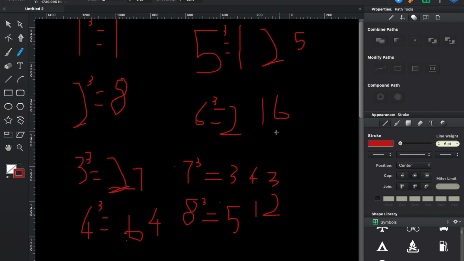Okay, and 9 cubed is equal to 729. And of course, you don't have to write this, but 10 cubed is 1000. Okay, there.